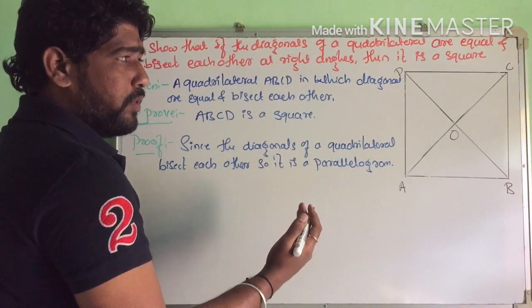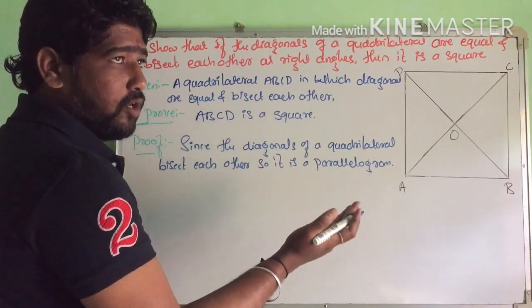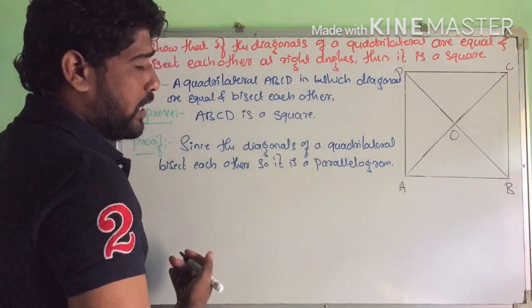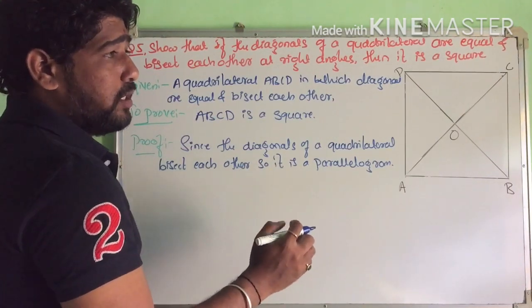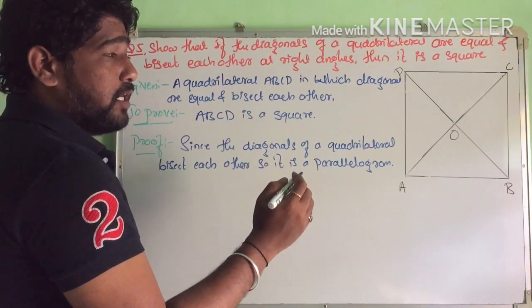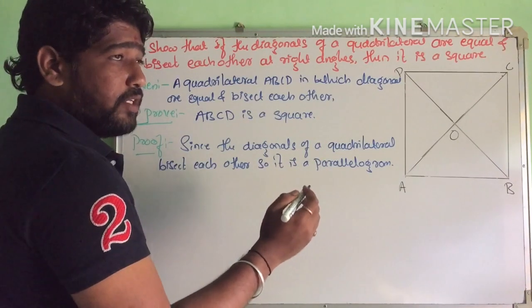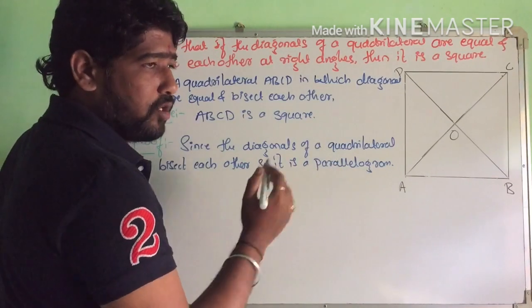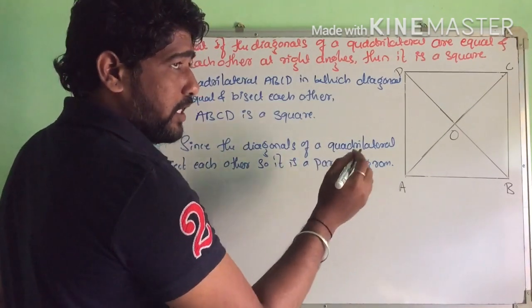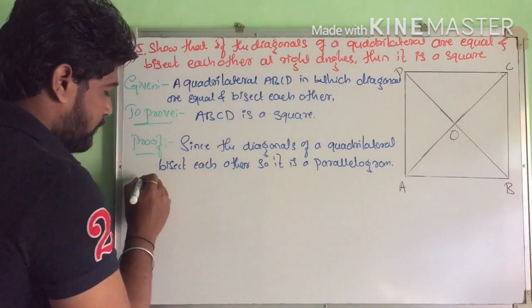So now here ABCD is a parallelogram. It means the opposite sides are equal and opposite angles are equal, right? And also we proved in question number 3, in a quadrilateral the diagonals bisect each other at a right angle. It means the quadrilateral is a rhombus. Already we proved it in question number 3.